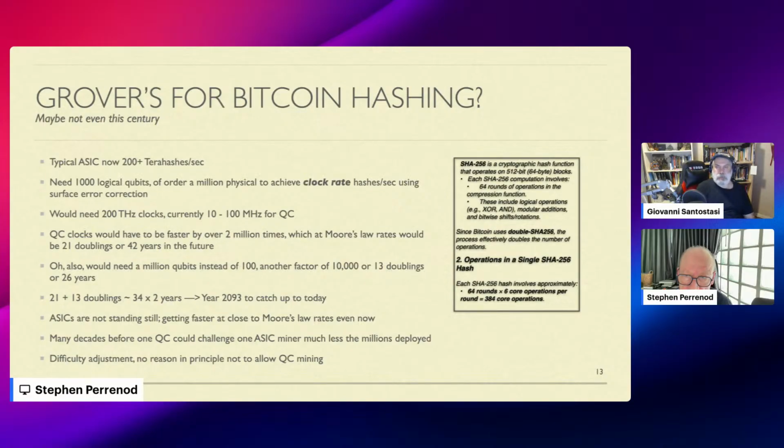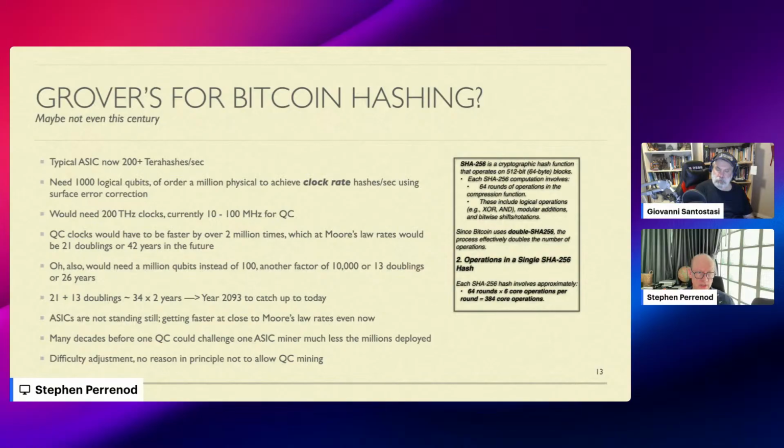Well, 100 megahertz is nothing compared to the 200 terahash rates that we have with 200 plus terahashes. And a hash is not just one operation. There are hundreds of operations involved in a single Bitcoin hash, which you see in the block on the right-hand side.